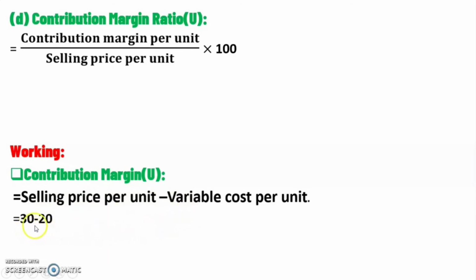Selling price per unit taka 30 minus variable cost per unit taka 20 equals taka 10, which is the contribution margin. Now we put the values in the formula: contribution margin taka 10 divided by selling price per unit taka 30 times 100. Then the value will be 33.33%. So contribution margin ratio equals 33.33%.